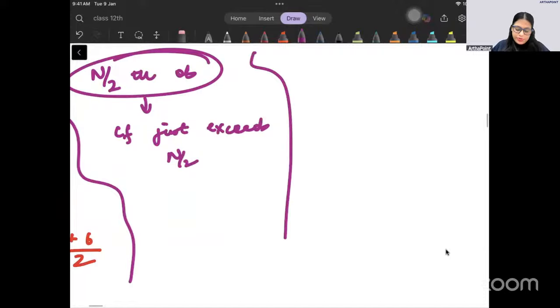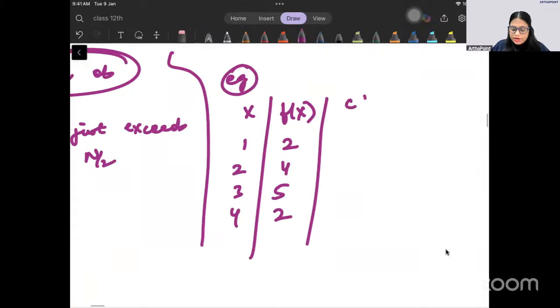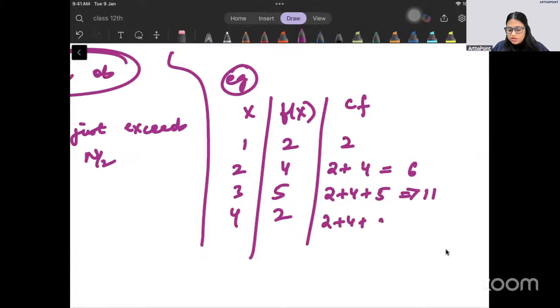For example, if I am given x as 1, 2, 3, 4 and its frequencies are 2, 4, 5, 2, then I will find the cumulative frequency. This is 2, this is 2 plus 4, 6, 2 plus 4 plus 5, 11, 2 plus 4 plus 5 plus 2, 13.